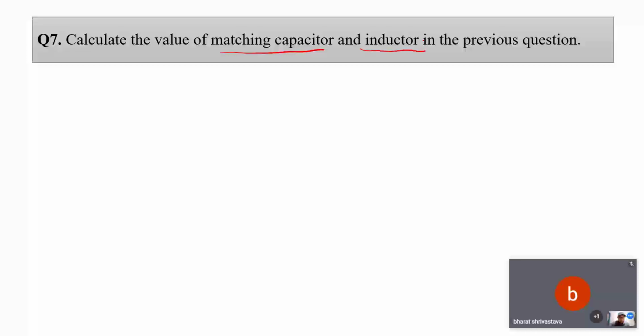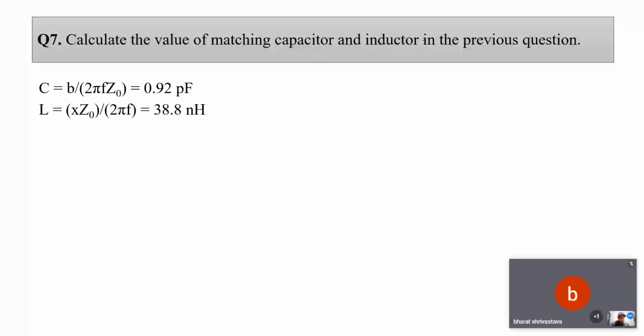From our previous problem, the value of B is 0.3, whereas the value of X is 1.2. We just use these values to calculate C and L.